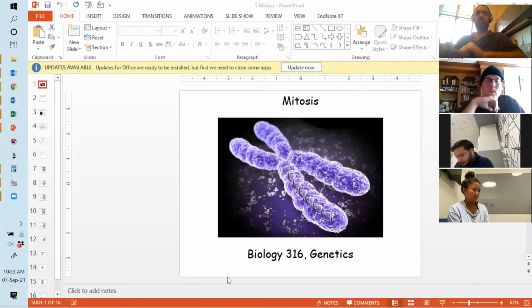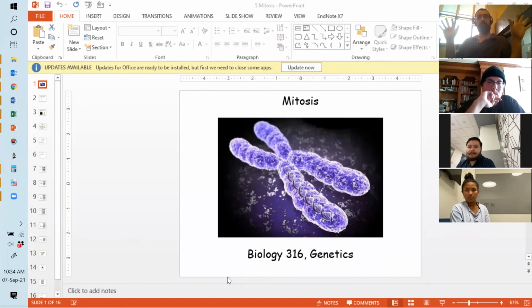There's an awful lot of precision in language with cell division. You have to be very careful about what you're saying, particularly when it comes to meiosis, because there's a very big difference between meiosis 1 and meiosis 2. In comparison, mitosis is a walk in the park. It's easy, right?